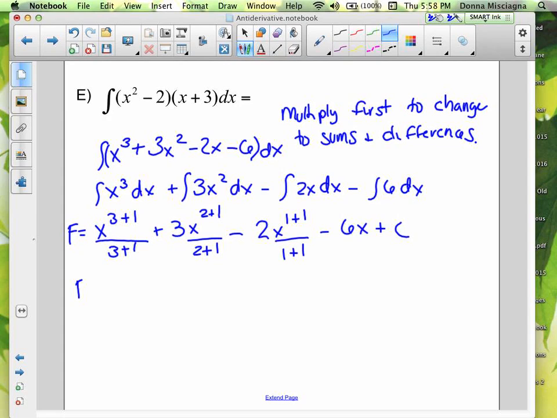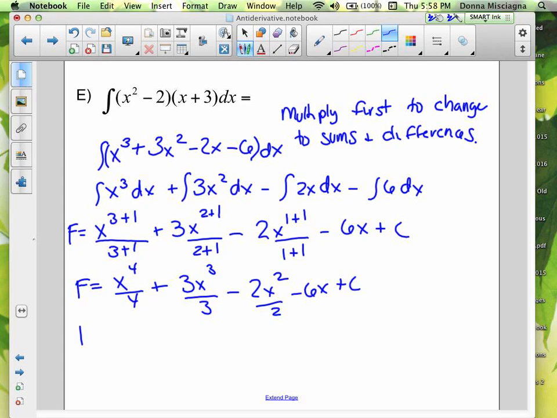And then let's simplify that. So now I've got x to the 4th divided by 4 plus 3x cubed divided by 3 minus 2x squared divided by 2 minus 6x plus c.